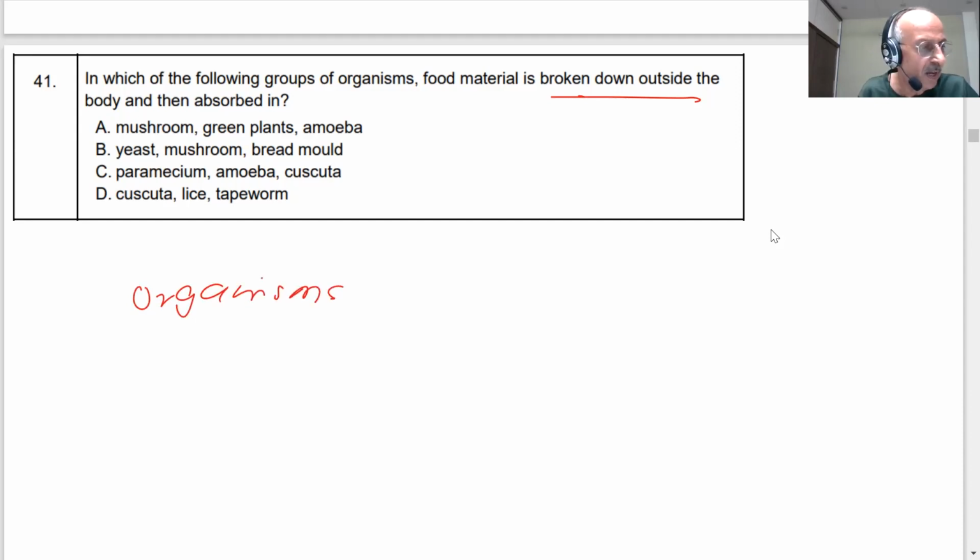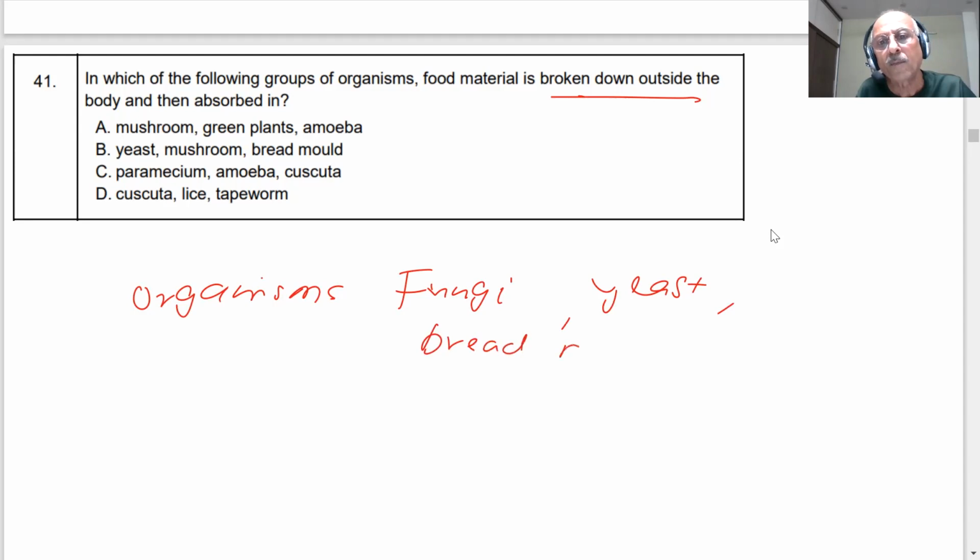What are these organisms, students? You know about the fungi, student, like yeast and fungi, yeast, bread molds, students, and mushroom.